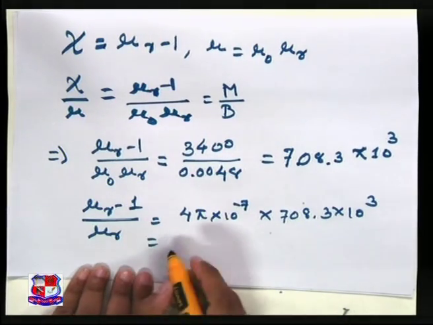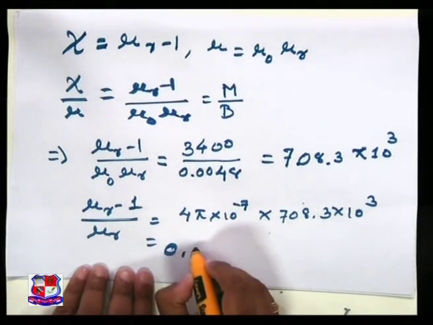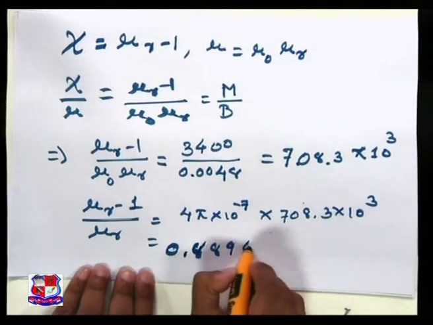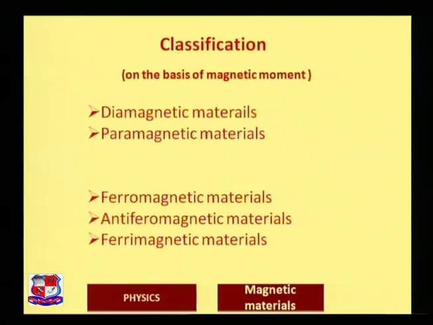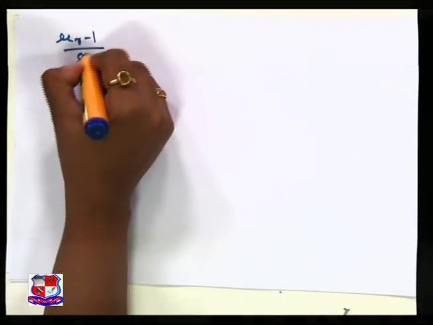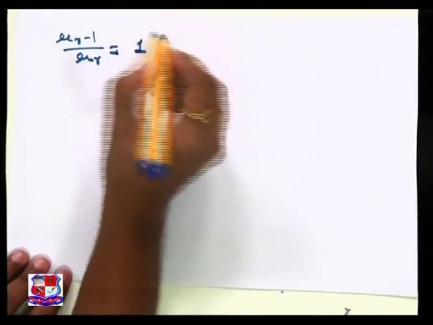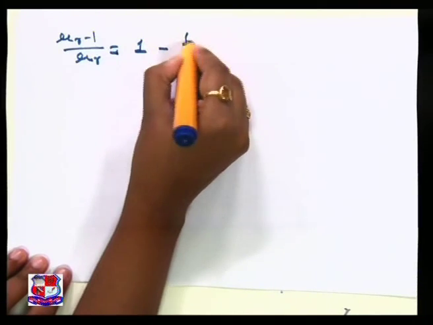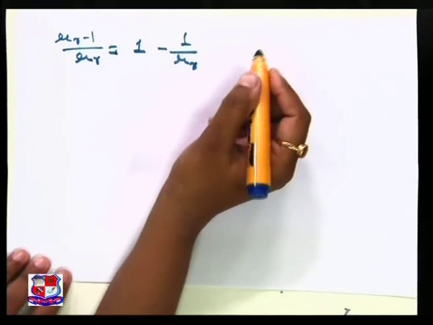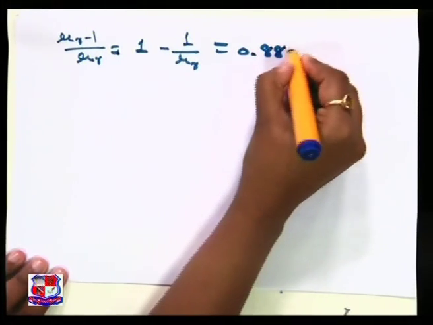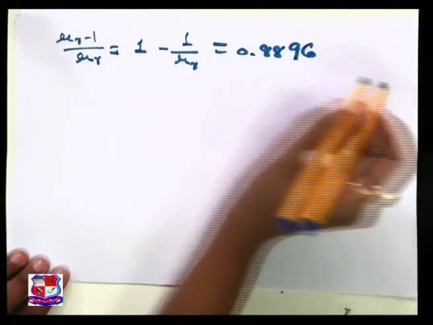Pi is 3.14. So here we can get as an answer for this particular ratio 0.8896. If we go further, we had mu r minus 1 upon mu r. So we can just expand, we can just say that it is 1 minus 1 divided by mu r, which is equal to 0.8896, right?